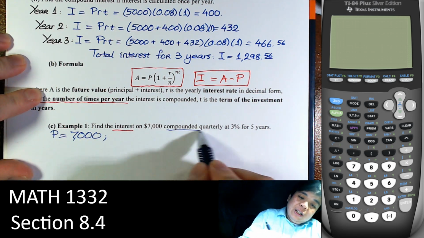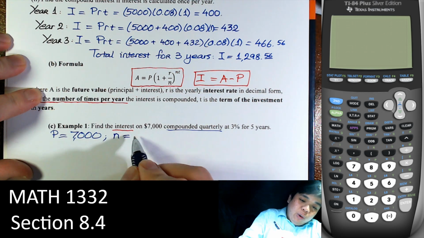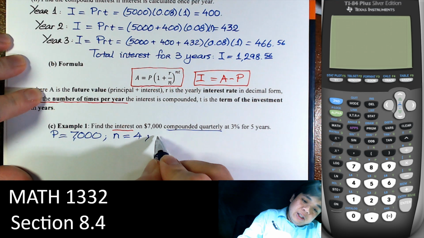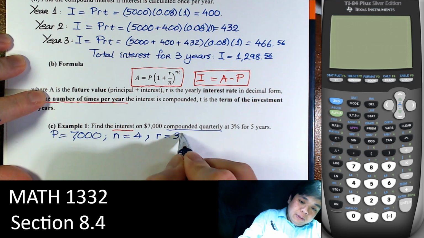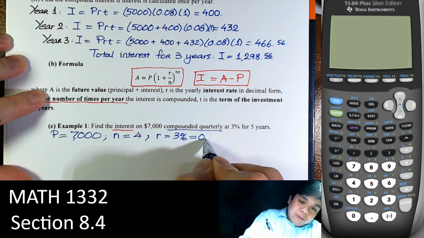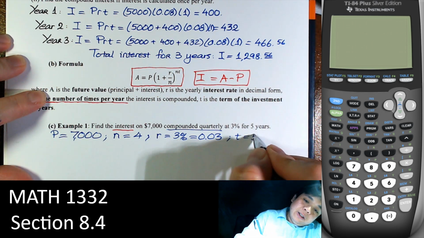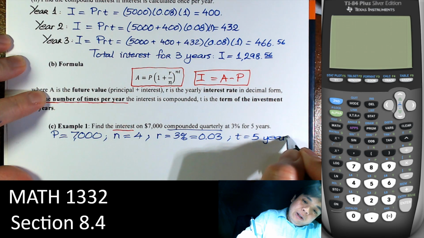Quarterly means n is 4 times a year. 3% interest, for 5 years. Right, so we have everything.